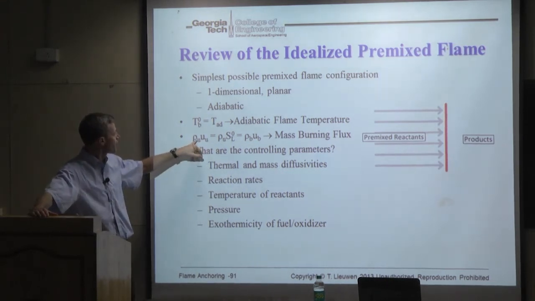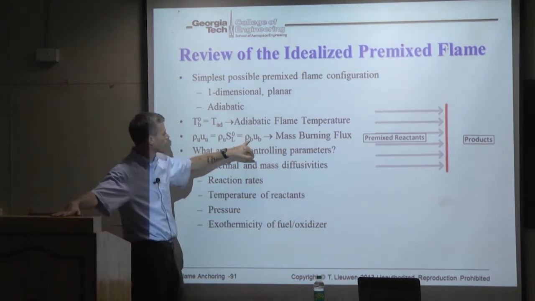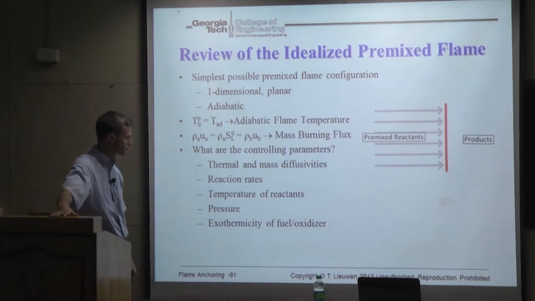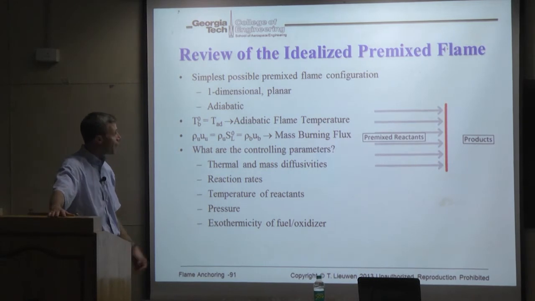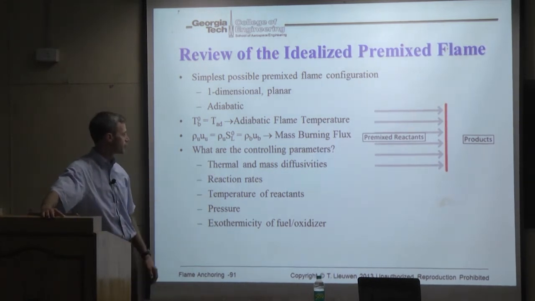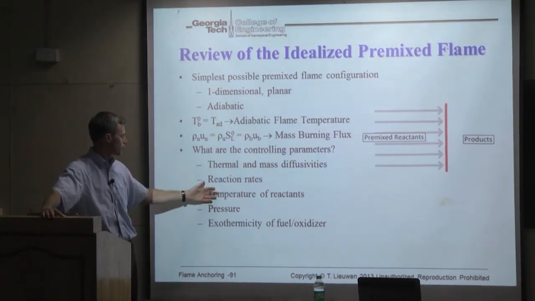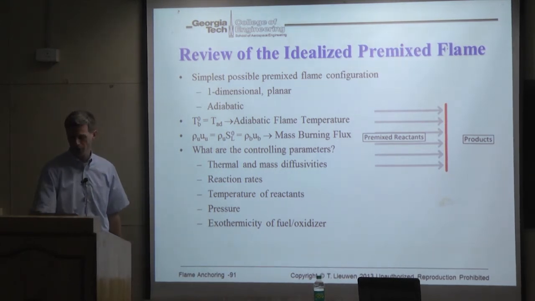So the product of the unburned density times the unburned velocity will equal the product of the burned gas density times the burned gas velocity, which we'll call the mass burning flux. And then the burning rate is controlled by things like thermal diffusivities and mass diffusivities, reaction rates, reactant temperatures, pressure, and other kinetic characteristics of your fuel and oxidizer.